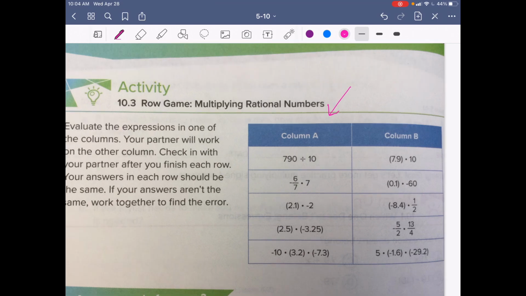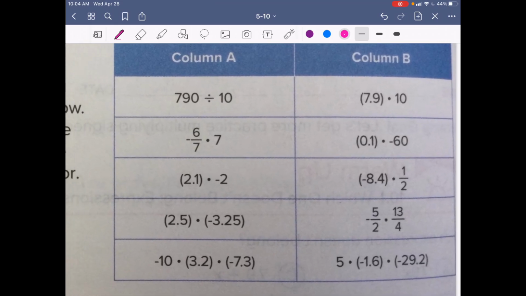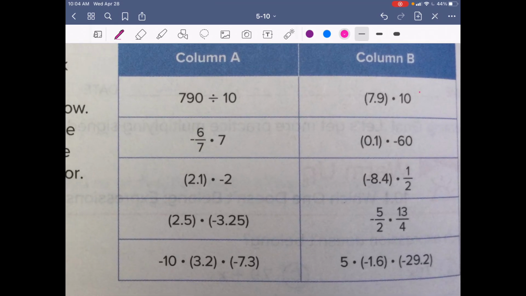All right, welcome back. So the answers for column B, 7.9 times 10 is 79, because you just moved the decimal over a space. For column B, negative 6. The next one, negative 4.2.